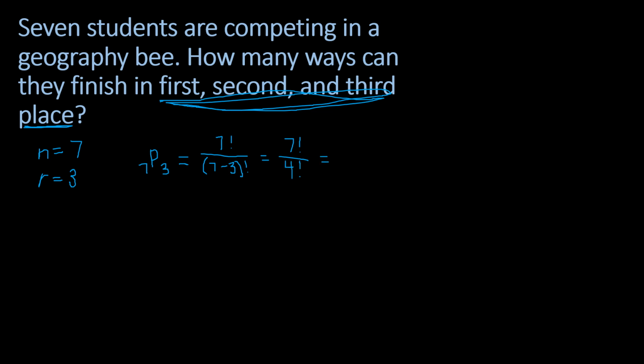Okay, so I'm going to write this 7 out until I hit 4 factorial, because I know it's just going to cancel that out on the bottom. So 7 times 6 times 5 is 210. So there are 210 ways that 7 students could finish in first, second, and third place.